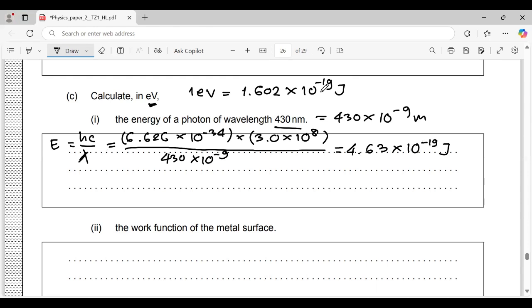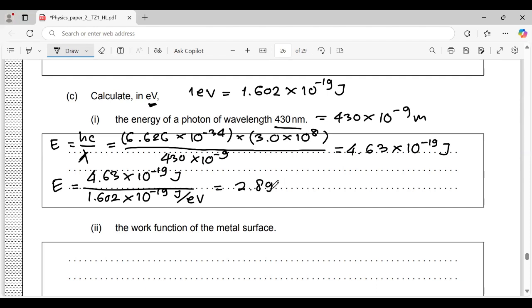We have to divide by this number. So E equals 4.63 times 10 to the power minus 19 joule over 1.602 times 10 to the power minus 19 joule per electron volt, and the result is 2.89 electron volt, or in significant figures, 2.9 electron volt. I think that is clear.